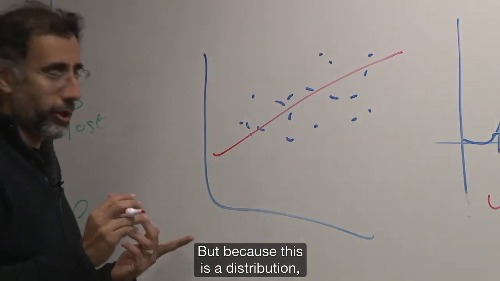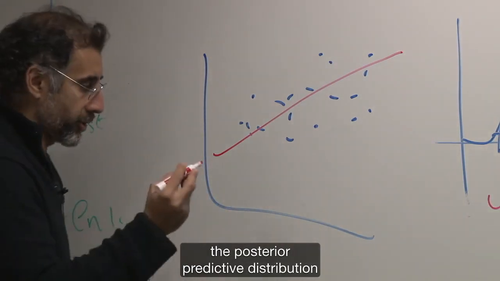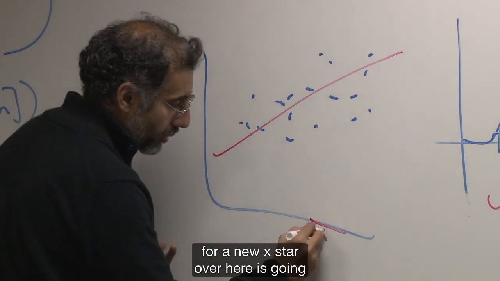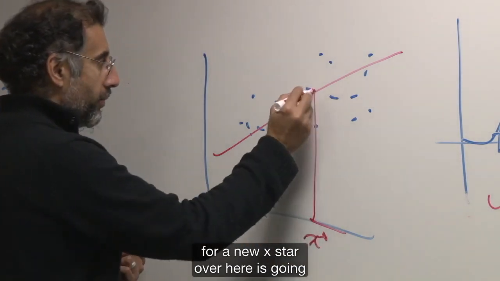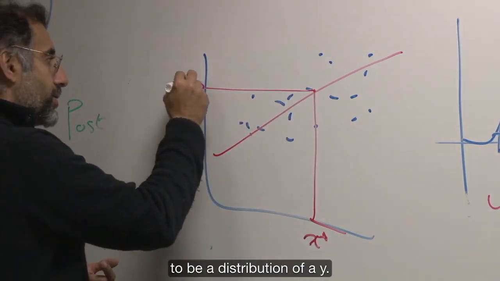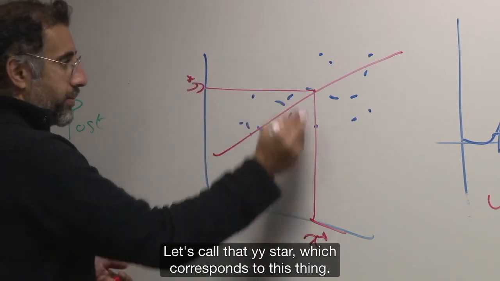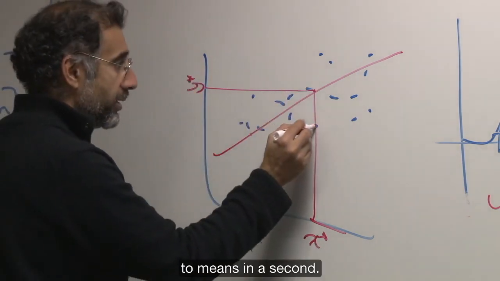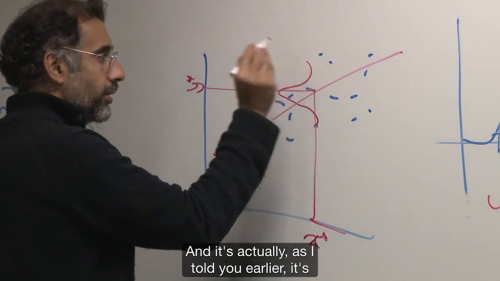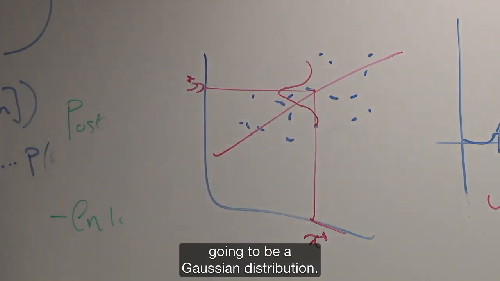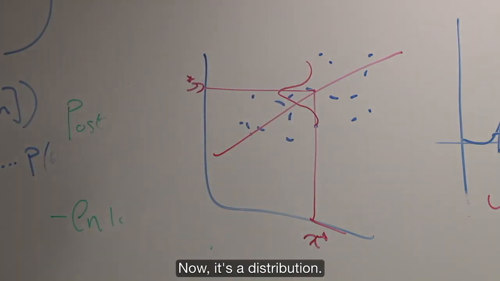But because this is a distribution, the posterior predictive distribution for a new x star over here is going to be a distribution over y. Let's call that y star, which corresponds to this thing, and I'll tell you what corresponds to means in a second. And so you have some distribution, and as I told you earlier, it's going to be a Gaussian distribution.